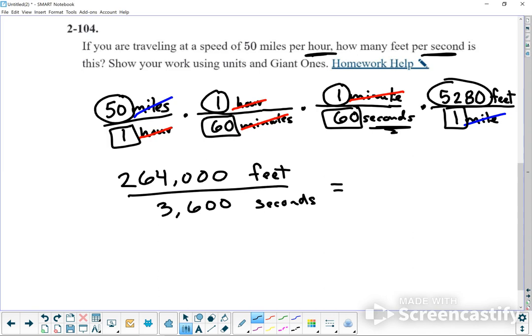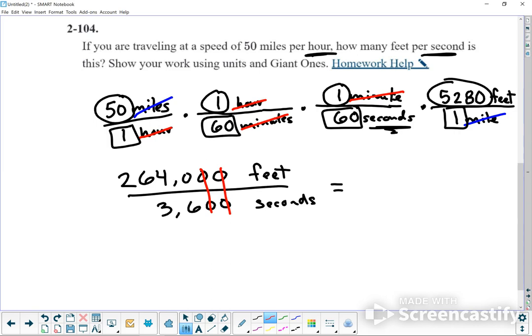So 50 miles per hour turns into, okay, and you can probably even do some math by hand, like cross these out, right? Oh, not that one. Just these two. So you can even do 2,640 divided by 36.